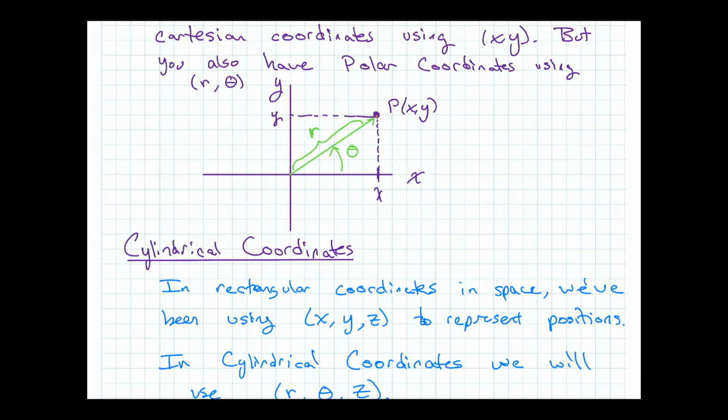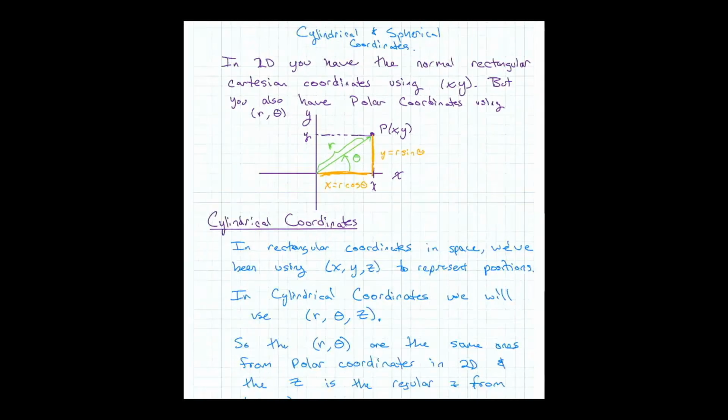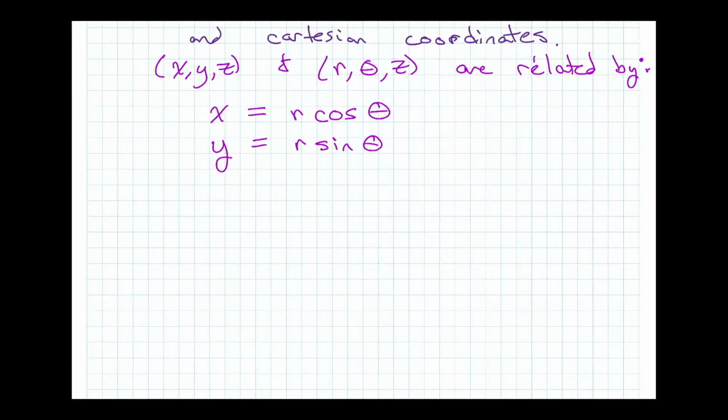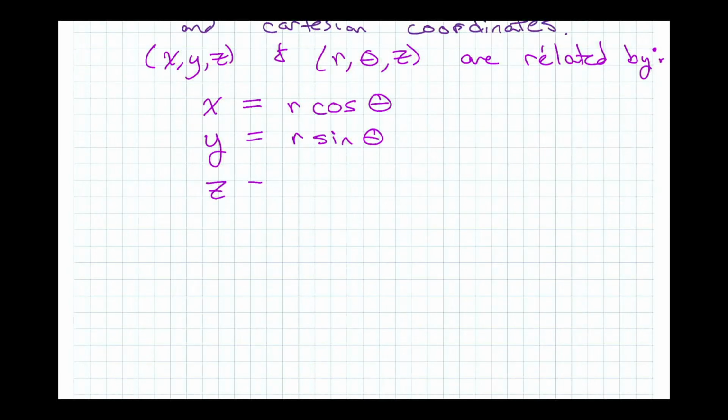Like this line right here, in terms of r and x and y, you have y is equal to r sine theta. And then this side here of the triangle is x equals r cosine theta. And then the third side of the triangle is r. So we have those. Now what's the z? Very complicated.